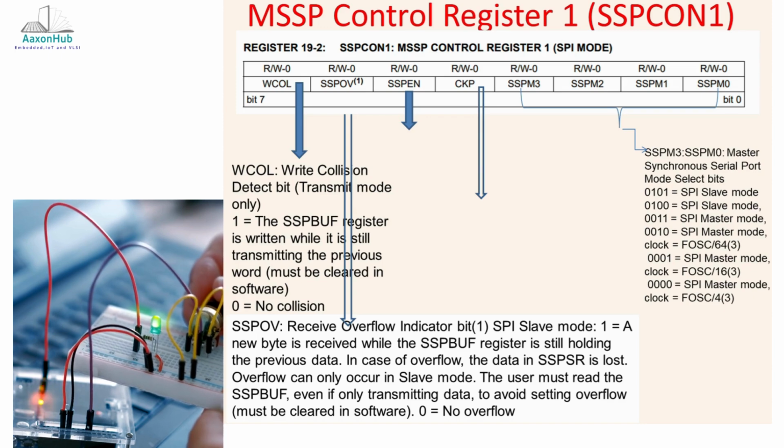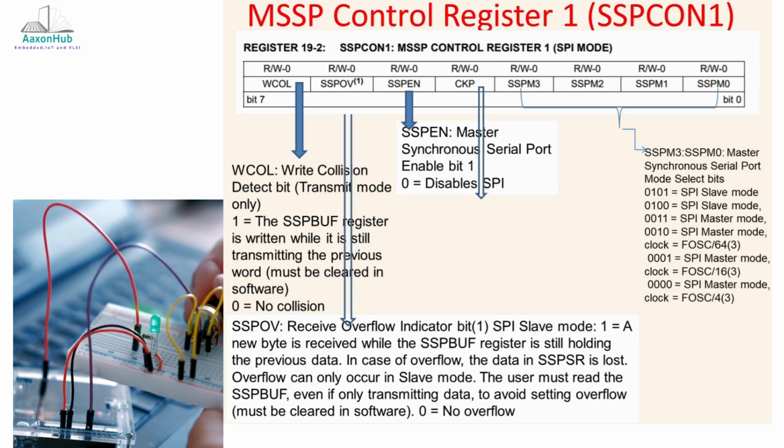In this case the overflow bit will get enabled, and the data in the SSPSR register will be lost because overflow has occurred. Overflow can only occur in slave mode. So the user must read the SSPBUF register even if only transmitting data, to avoid these kinds of overflow settings in transmission as well as reception.